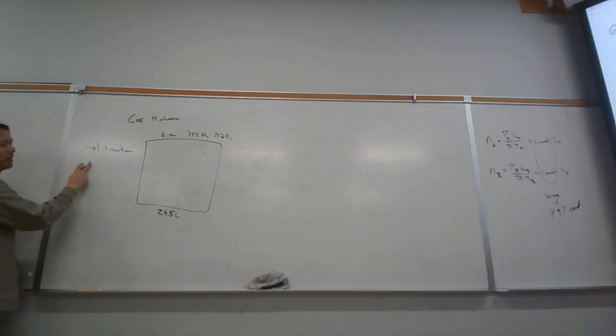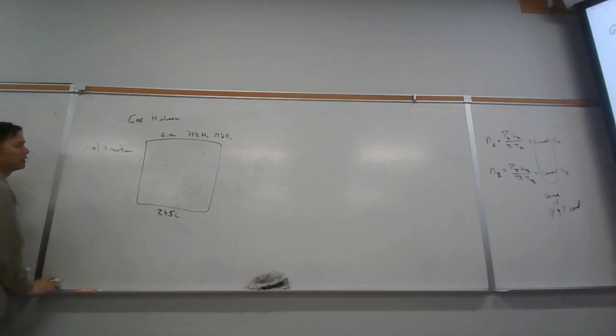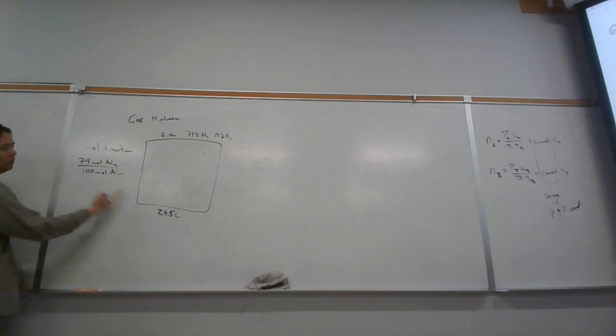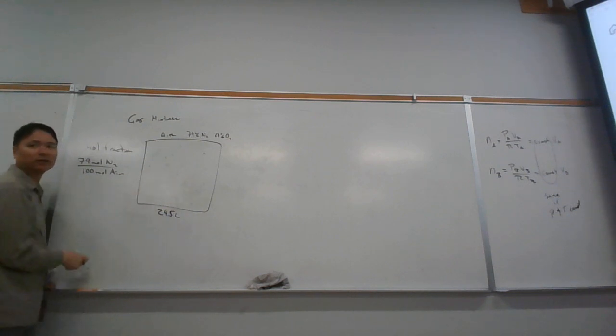So what's the mole fraction? We could count the number of particles and then do that, but we're not going to do that. We're just going to say that 79 moles of nitrogen for every 100 moles of air. So if I only have 1 mole of air, which I do, then it's 0.79 moles of nitrogen, the blue in here. Does that make sense?